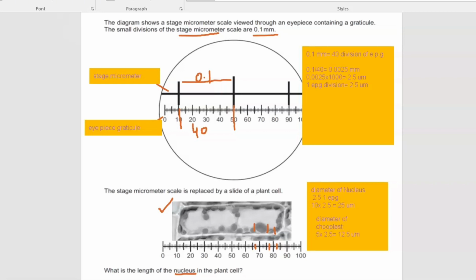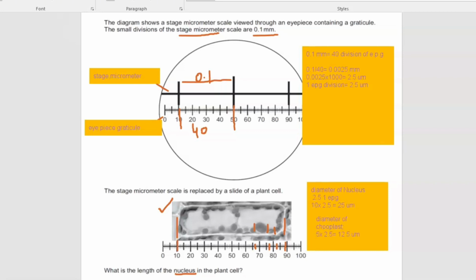So this is how we can find the diameter. We can even find the total width of this plant cell lengthwise. So here we can mark the cell wall, this one and this one, and find approximately the divisions.